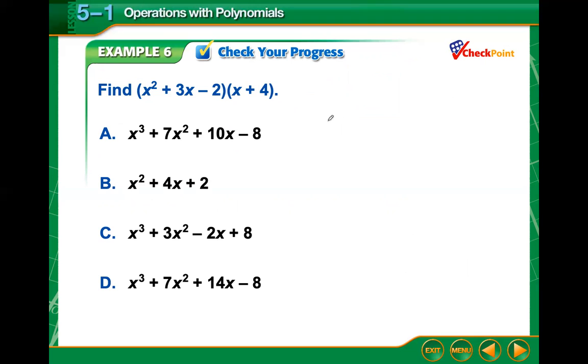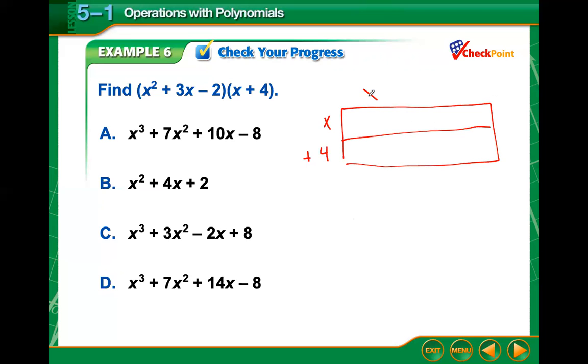All right, so here we have x plus 4. I'm going to multiply that by x squared plus 3x minus 2. x times x squared is x cubed. 4 times x squared is 4x squared. x times 3x is 3x squared. 3x times 4 is 12x.